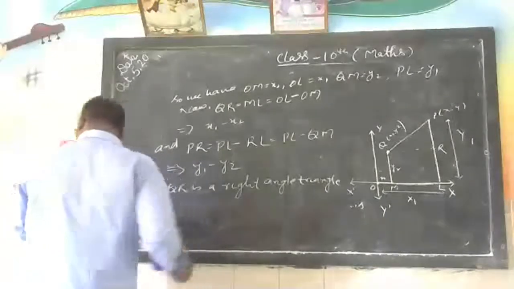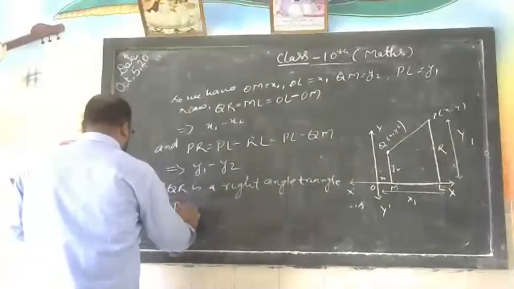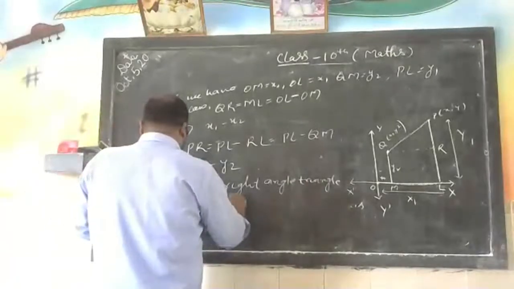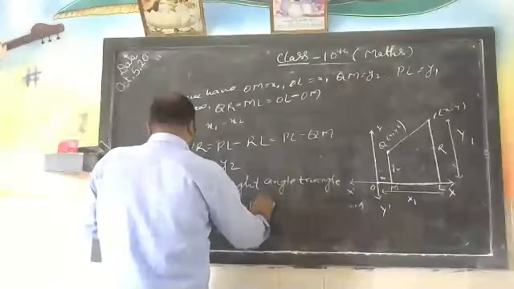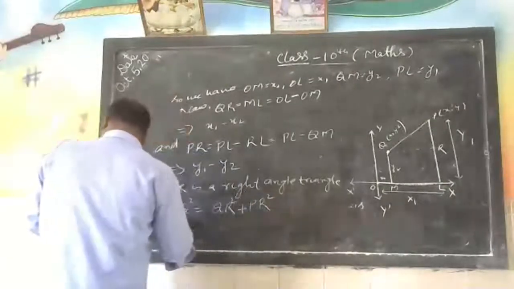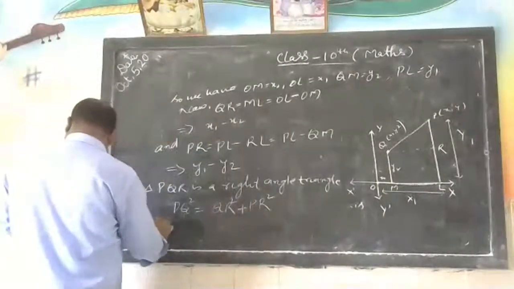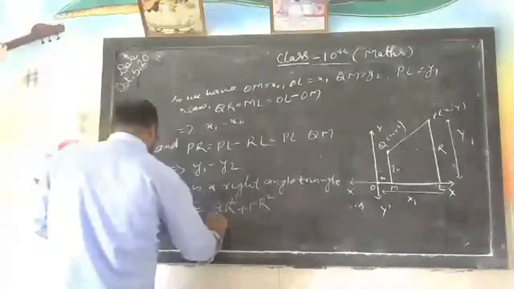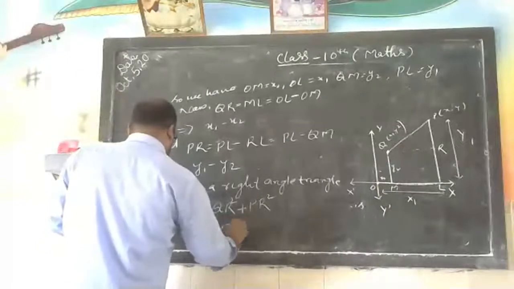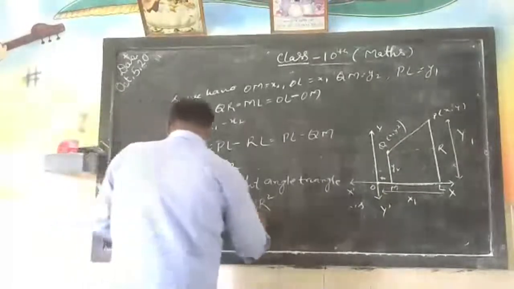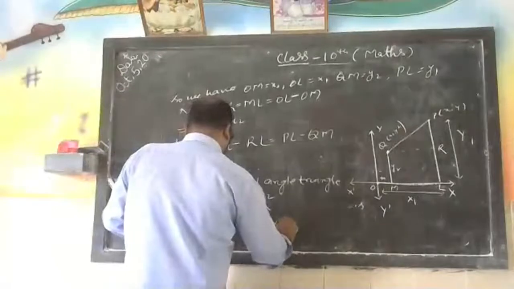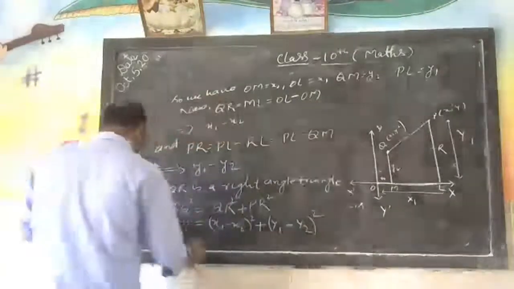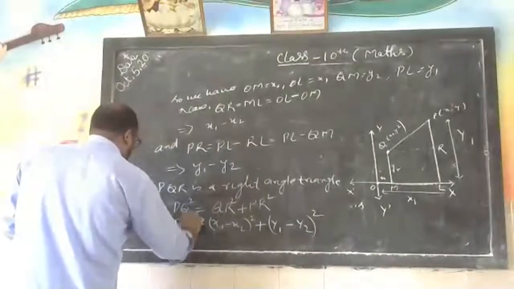Now from the right angle triangle, PQ square is equal to QR square plus PR square. This implies that PQ square is equal to x1 minus x2 whole square plus y1 minus y2 whole square.